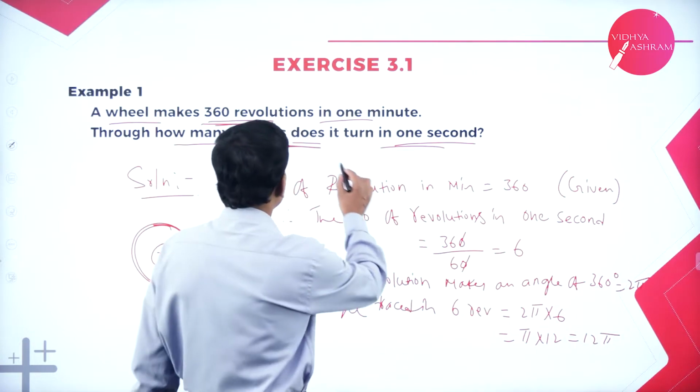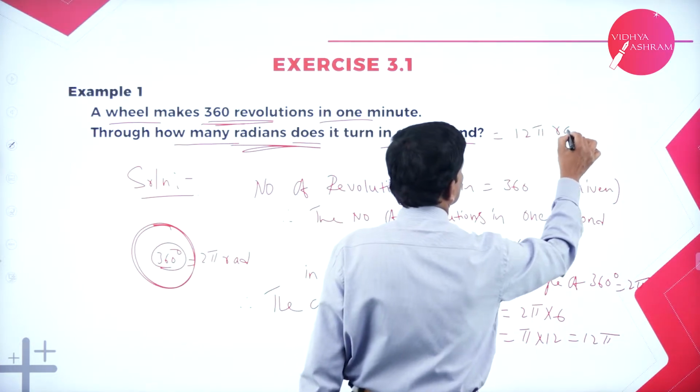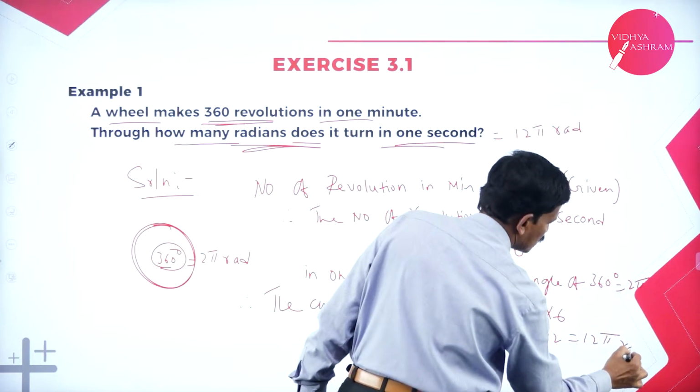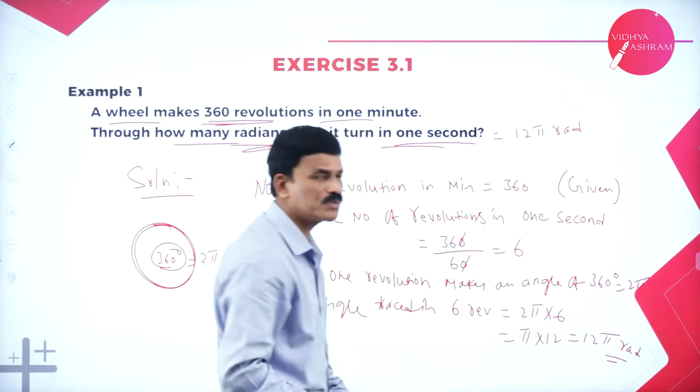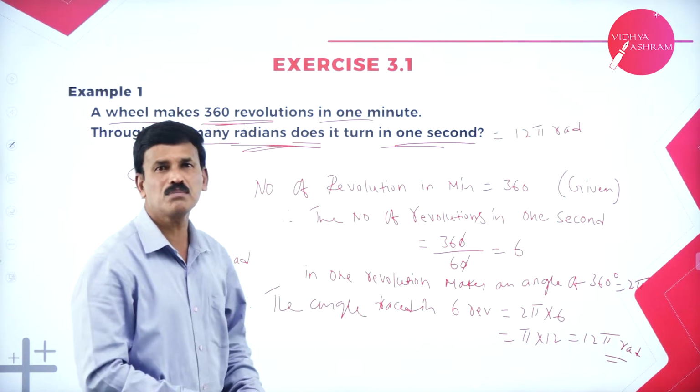So the angle traced in 1 second is equal to 12 pi radians.